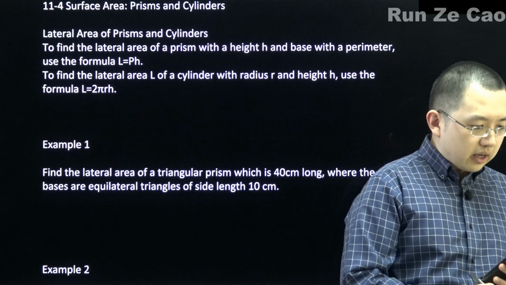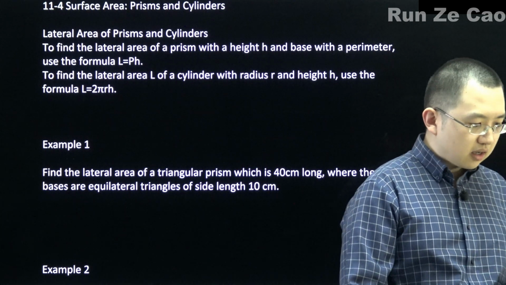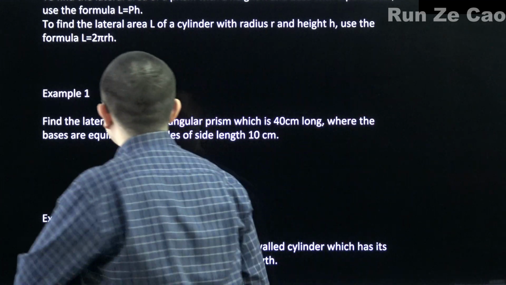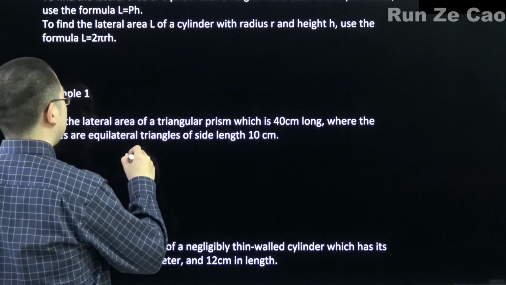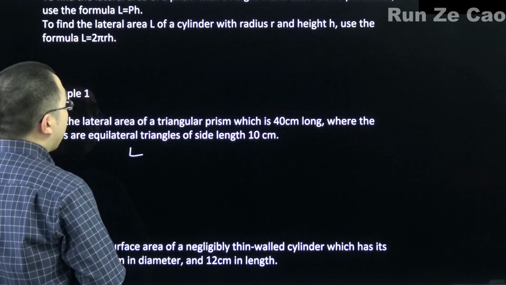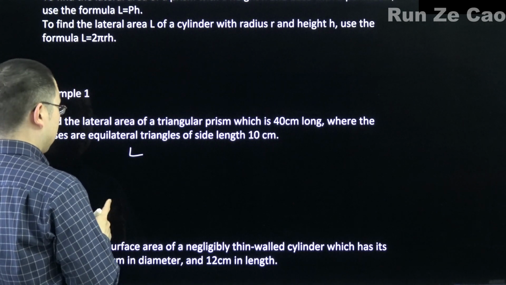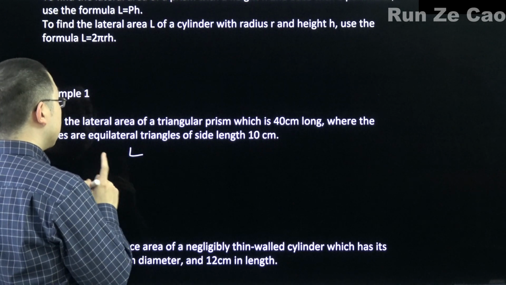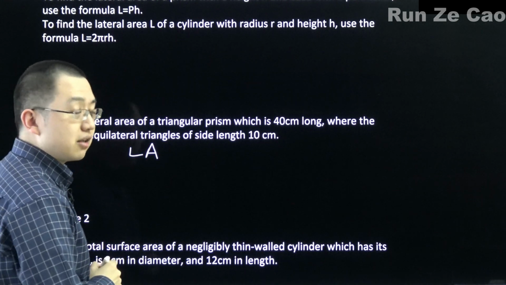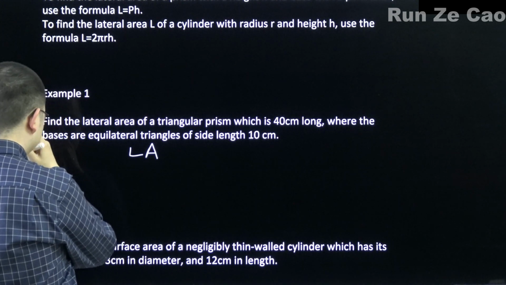Find the lateral area of a triangular prism which is 40 centimeters long, where the bases are equilateral triangles with a side length 10 centimeters. Well, the lateral area, I don't like the convention of L for lateral area because L is what I'm used to using for length. Which means that depending on convention, you can see LA a lot for lateral area, and SA is for surface area.